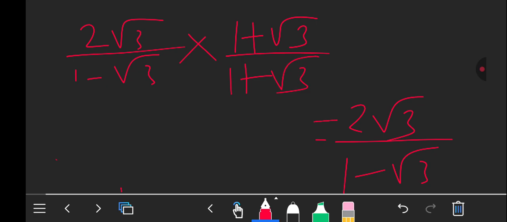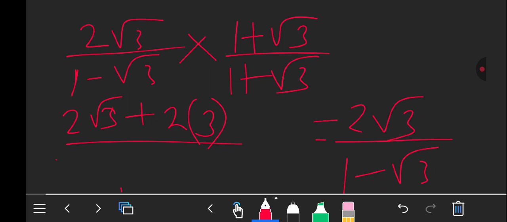That is the conjugate, because here there was minus, it will be plus. Then 2 square root of 3 multiplied by 1 is just 2 square root of 3, plus 2 square root of 3 multiplied by square root of 3, that is just 2 times 3, according to the laws of surds which we looked at.